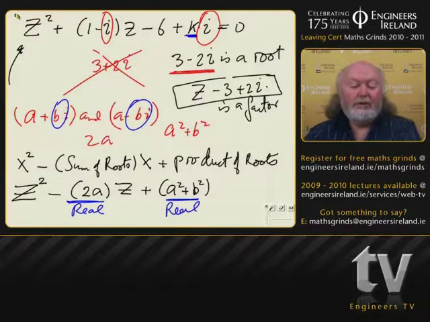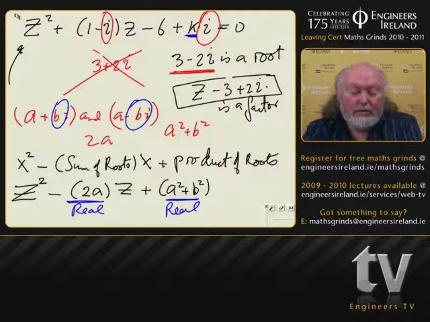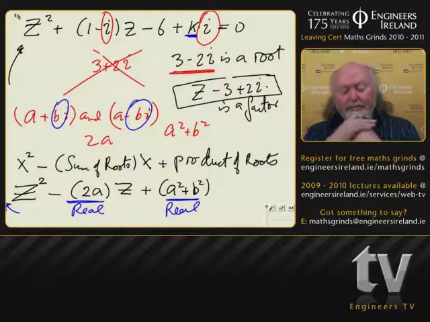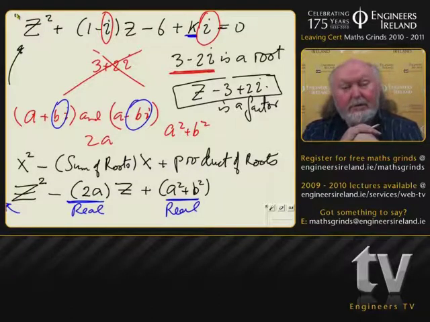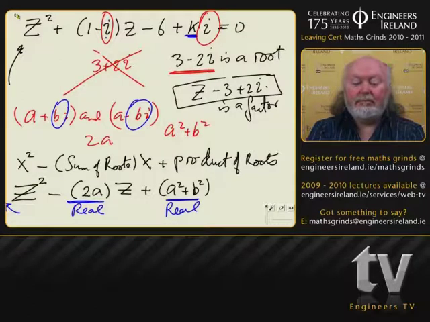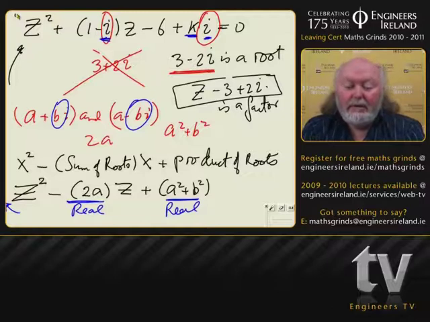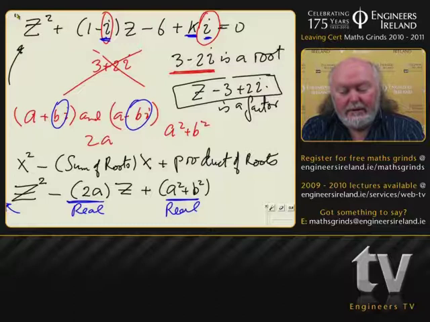So we've basically shown that if there are two conjugate roots, the equation that's formed from them has real coefficients. That problem up at the top here, because it has got an i here and an i there, or any one of those, you only need one to not be real, can't have conjugate roots.